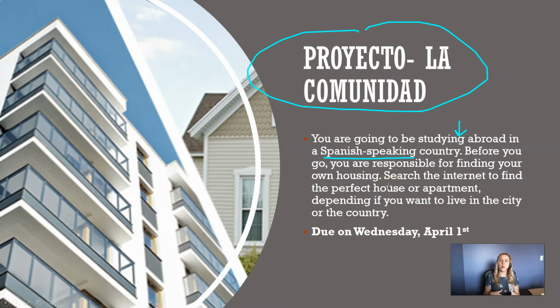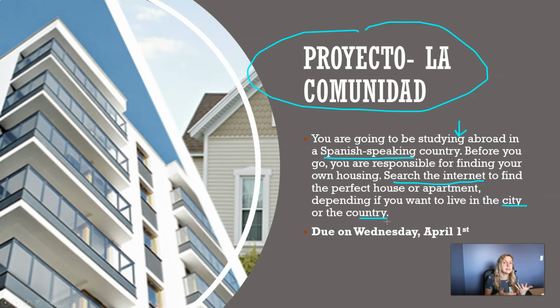So before you go, you have to find your own house. Now you can pretend that you have a lot of money or you can go anywhere you want, really. But I want you to search the internet and find the perfect house or apartment. You're actually going to find a real house or apartment to stay at. And this depends if you want to live in the country or the city. Remember we talked about la diferencia entre la ciudad y el campo. We kind of had a class debate which one is better and why, right?